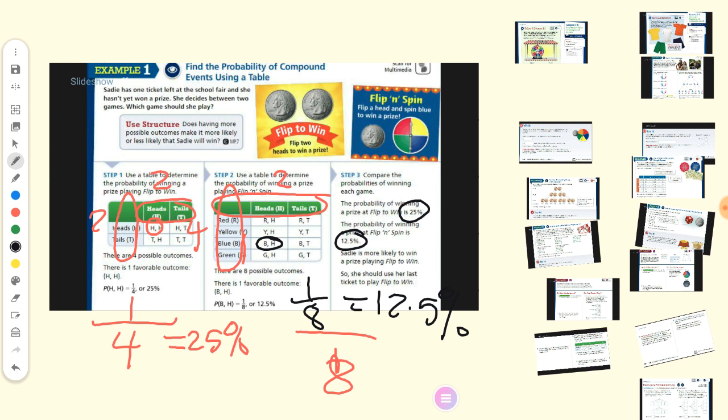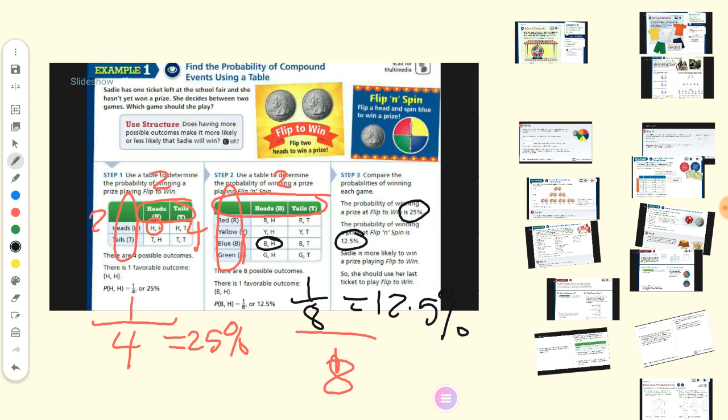She should use her last ticket to play Flip to Win. Her chance is better than her chance with the spinner and coin.